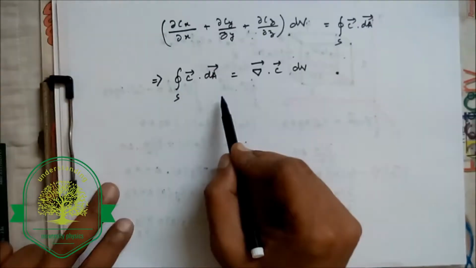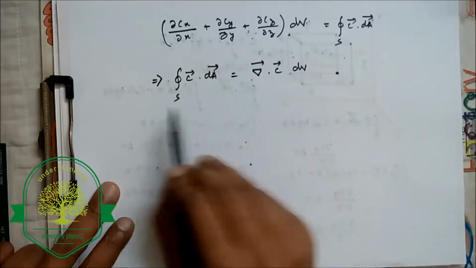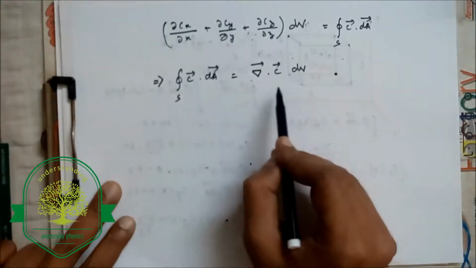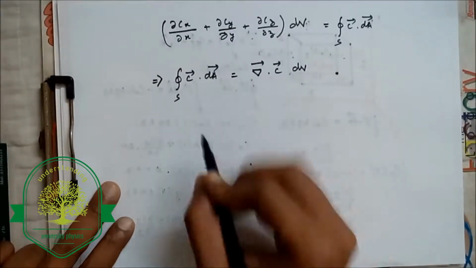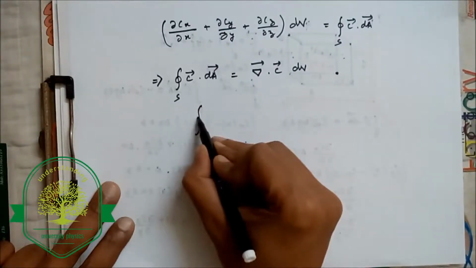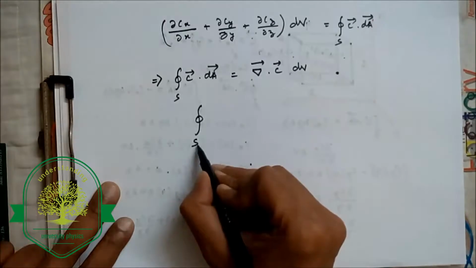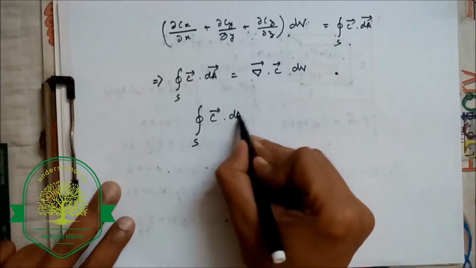If we have a large surface which we can divide into an infinite number of cubes, and we use this for each cube and then add all of them up on both sides of the equation, we'll ultimately get, for the bigger surface, integration over the bigger surface S, the surface which has finite dimensions, c dot dA.